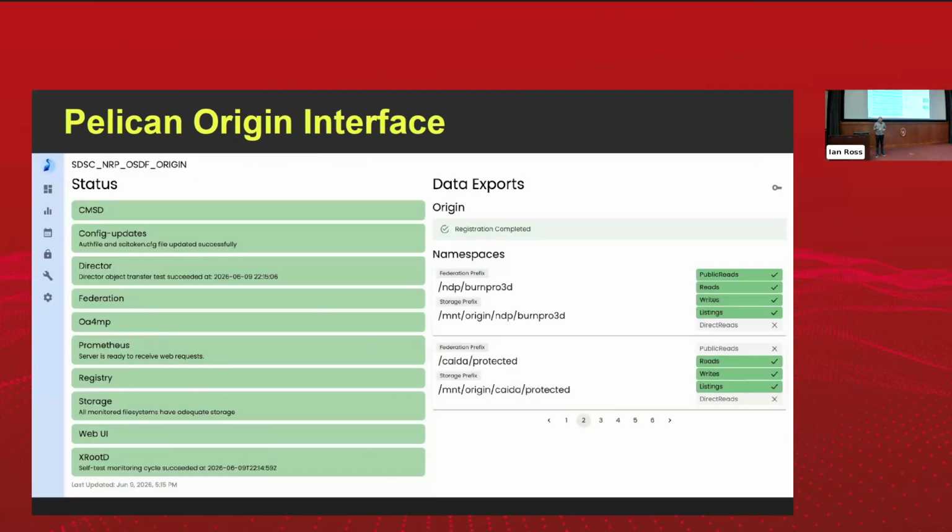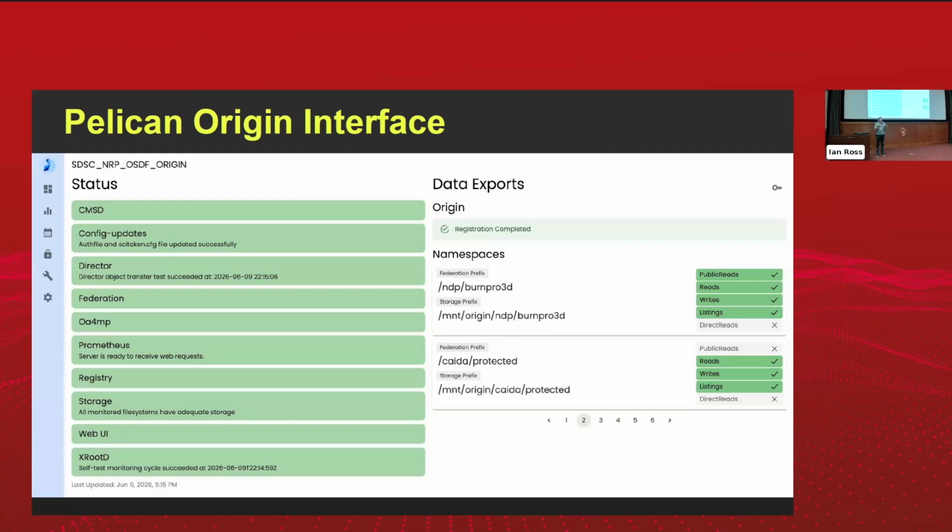With Pelican, we create more than just a layer of how to get data. We create more ways to see how the origin is doing. One simple example: in the very beginning, we had two ports on the origins, one to provide authenticated data and another to provide unauthenticated data. Now we have two ports, one to provide data no matter what, and one for a web interface. If you are not the administrator of the server, we can ask the admin to log on to this web page and tell us what they're seeing. Is it green or red?